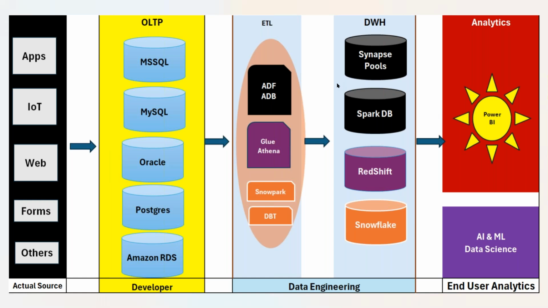Here it is on my screen. You have data from apps, Internet of Things (IoT), which is part of our course, web, forms, social media, RSS feeds, etc. From these various sources we read the data and get the content into OLTP databases: MS SQL, MySQL, Oracle, Postgres, Amazon RDS.